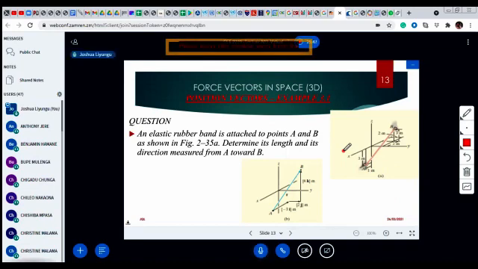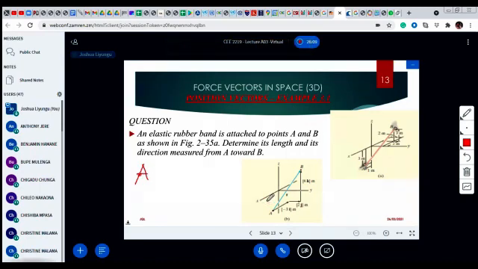Then we do an inverse cosine. We find the angle. So first things first, now that I understand the question, I know exactly what I'm looking for. The first step is the coordinates. Get coordinates A and B.